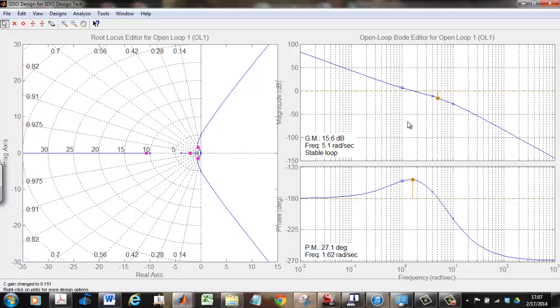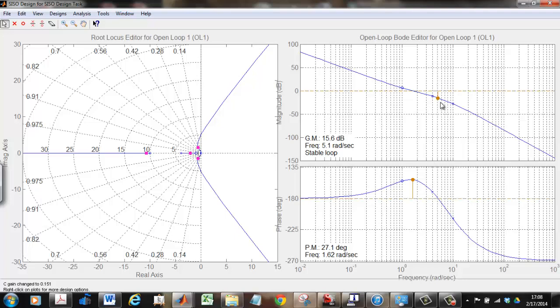My gain margin over here is where the phase crosses 180 and stays below 180. So my gain margin is listed here at 15.6 decibels at 5.1 radians per second. 5.1 is this frequency right here, and 15.6 dB is how far below the 0 dB I am at 180 degrees.